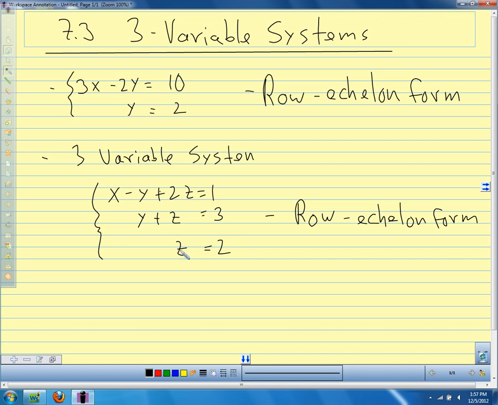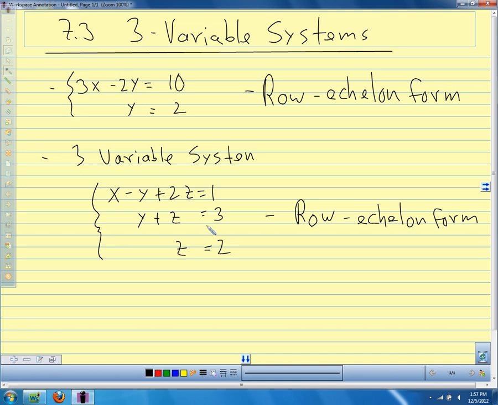What this lets us do is substitute z into the second equation and solve for y. And then I could substitute y and z into the first equation and solve for x. So when we get our equations into row echelon form, in this reverse stair step, that lets us substitute and solve for our variables.